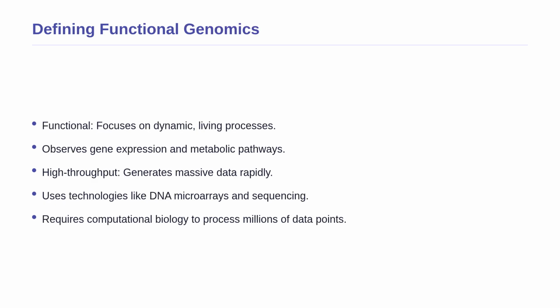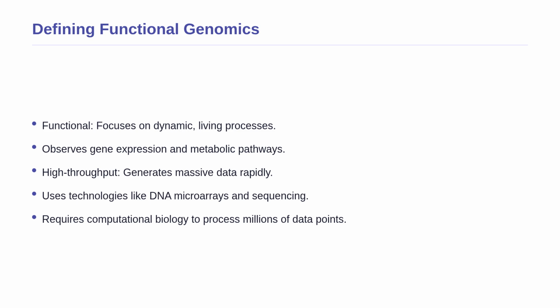Building on that factory analogy, let us break down the actual scientific terms. The word functional means we are looking at dynamic, living processes like gene expression and protein interactions, rather than just reading static DNA sequences. The term high throughput refers to the use of modern automated technologies, such as DNA microarrays and next-generation sequencing.